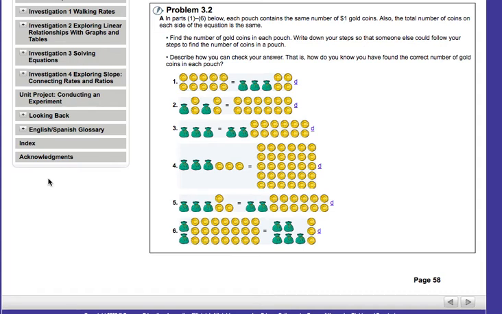I want to introduce you to problem 3.2, the next thing that we're going to do out of the textbook for moving straight ahead.